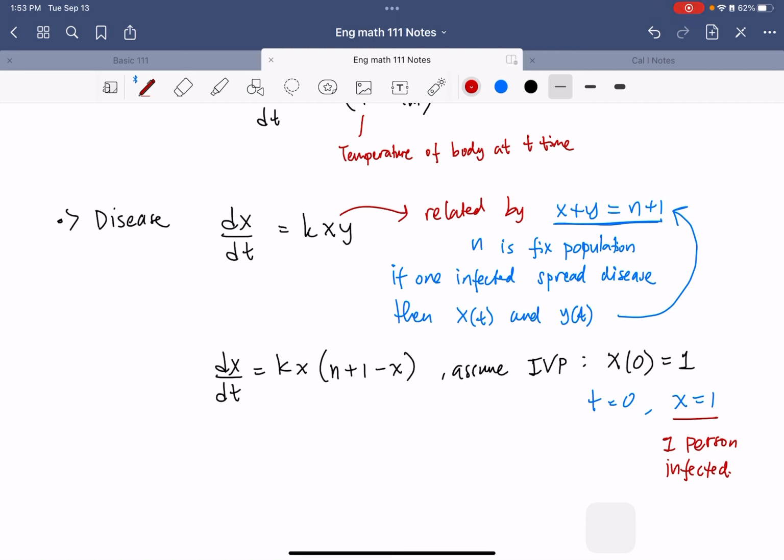So we can start at t0, the virus starts to spread out.